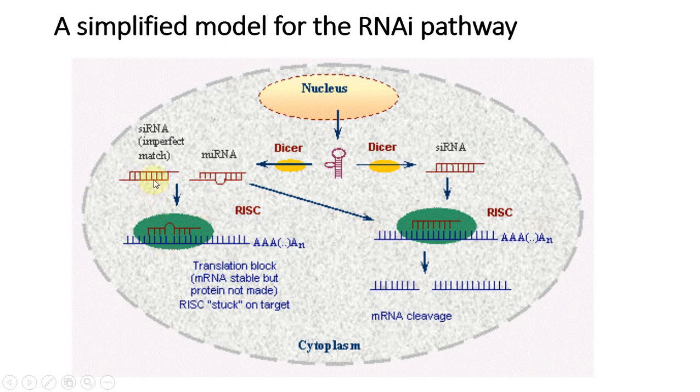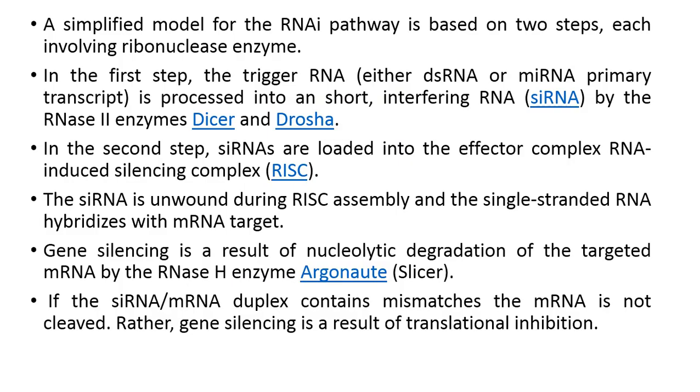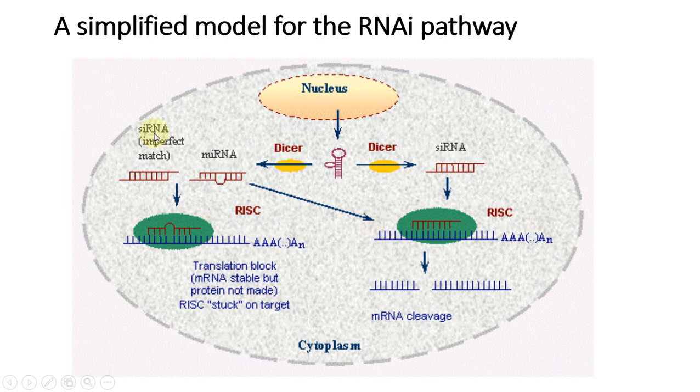From this double-stranded siRNA, one strand is digested and the other strand is introduced into the RISC complex. This other strand is known as the guide strand, which binds to the mRNA and then either modifies this mRNA sequence so that it is not translated, or cuts the mRNA into small fragments so that no proteins can be formed from it.